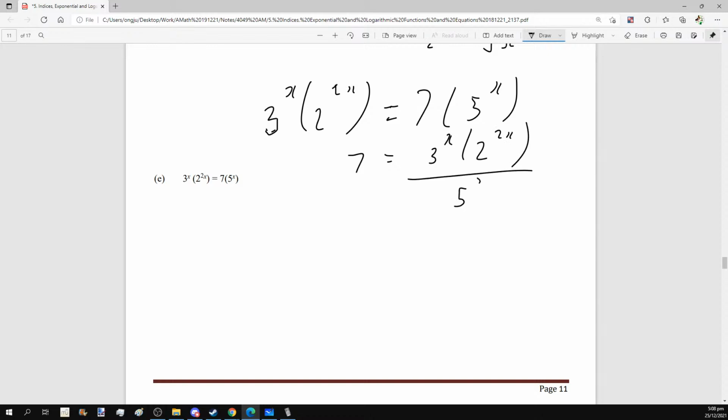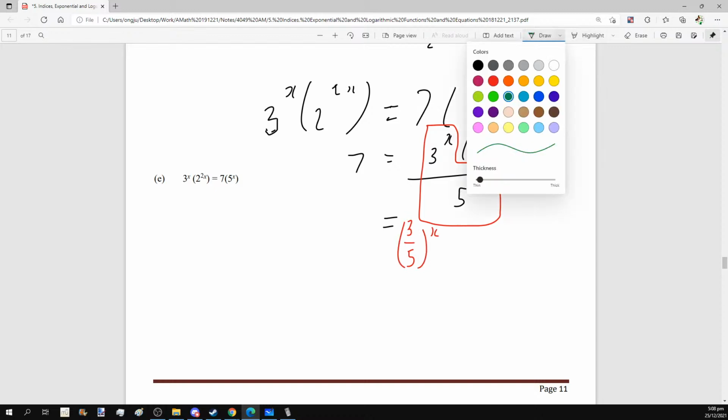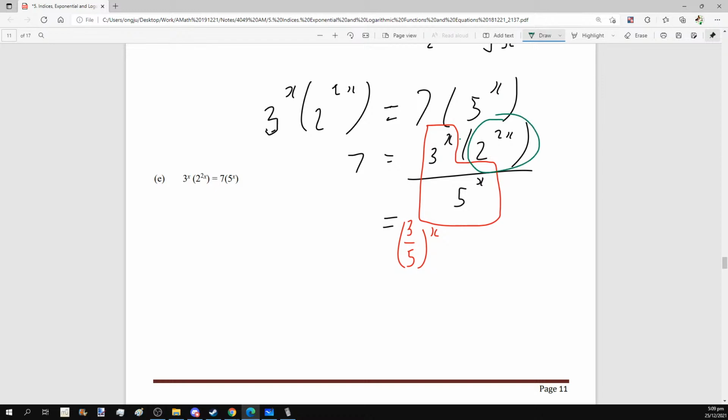That way all the x's will be on the same side. And from here, we have 2 magic tricks we can perform. First of all, this can be combined to 3 over 5, entire thing to the power of x. Second of all, 2 to the power of 2x, of course, is 4 to the power of x.